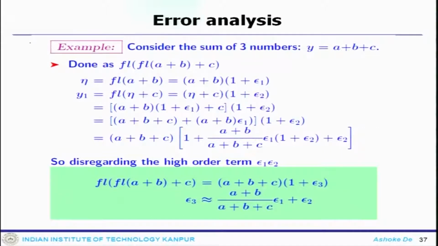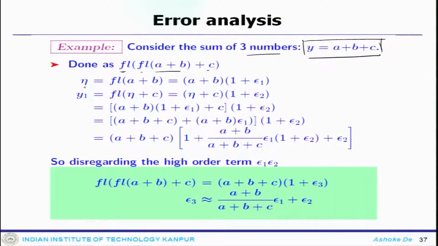Now, one can take an example and quickly glance through the things. You can consider the sum of 3 numbers, which is very simple, something a school kid does: y equals a plus b plus c. You are given 3 numbers and you just add them. What is done is floating point of floating point (a plus b) plus c.